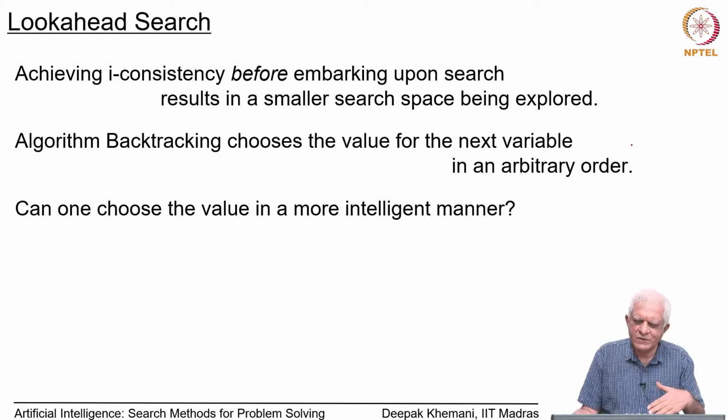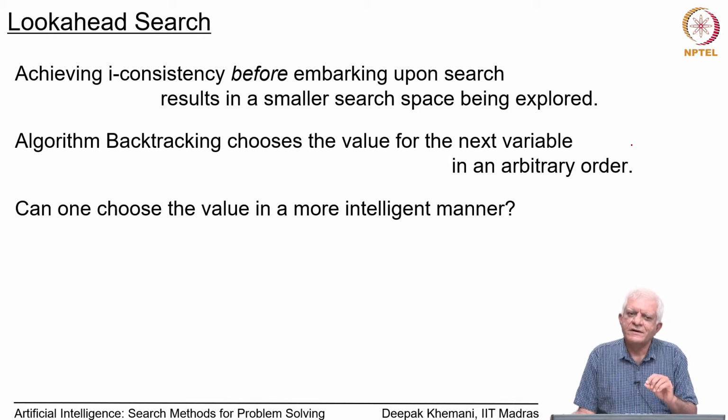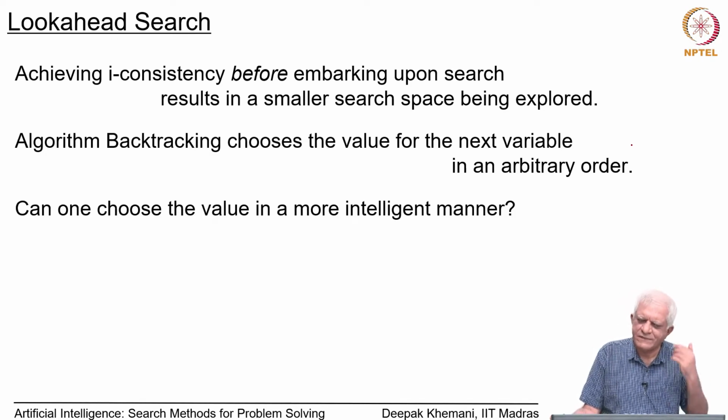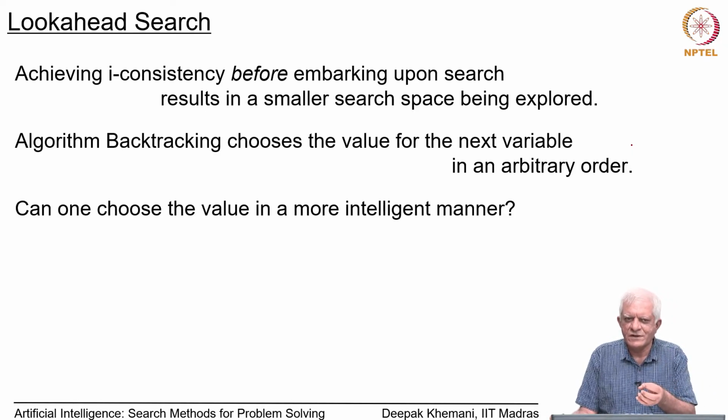But what we are going to do now is a little bit different. We will not change the order in which we choose the value, but when considering a value, we will see whether it is going to cause a conflict later on, which is a different thing, which is why these algorithms are called look-ahead search. I am considering this value, is it going to cause a problem later on. Dynamic value ordering, which I just mentioned, which we will not discuss, says that look at all the values and choose one which is best likely to succeed. That is a different approach altogether.